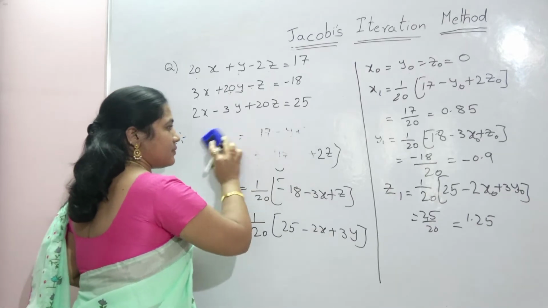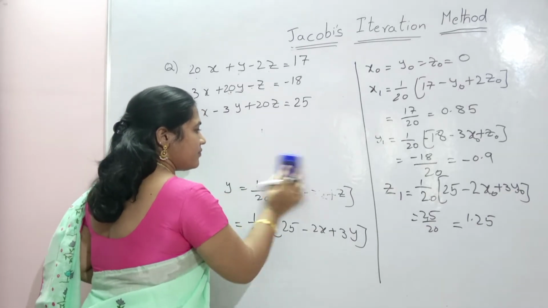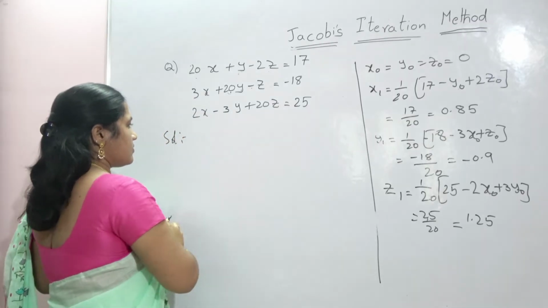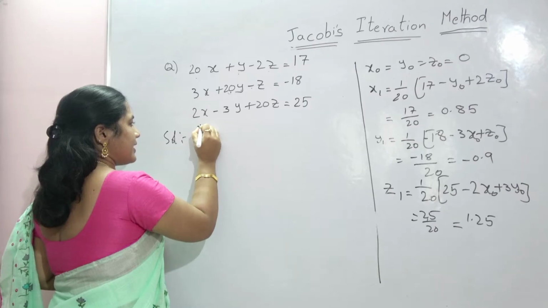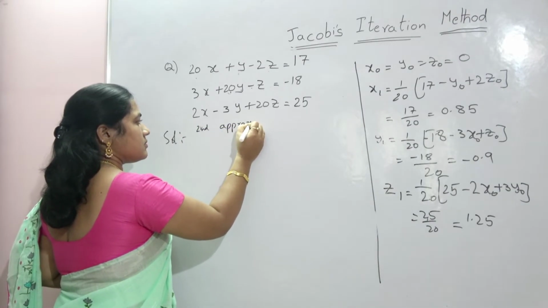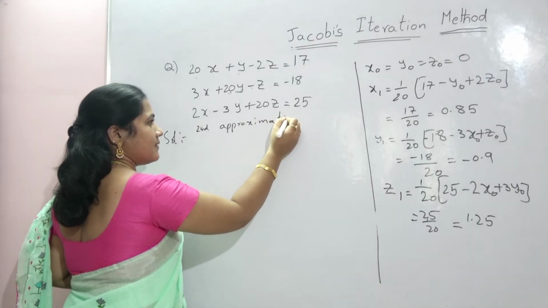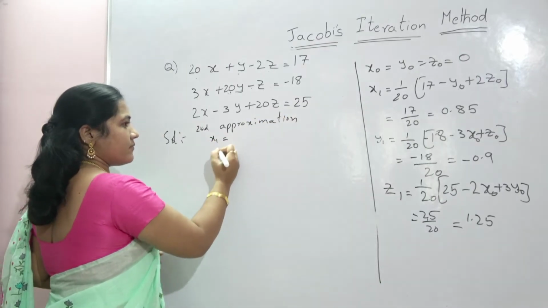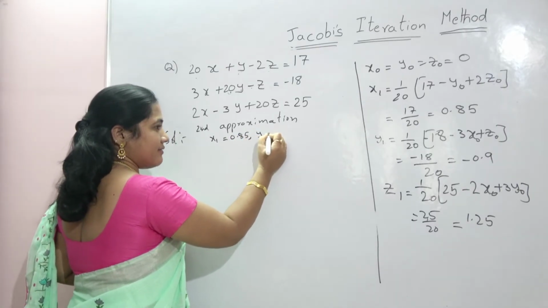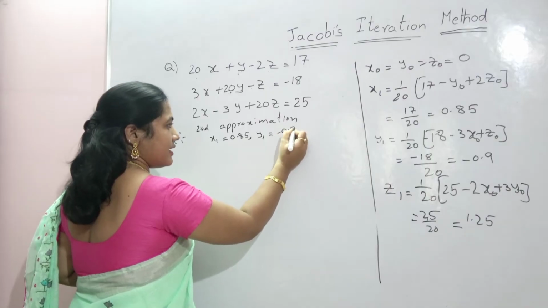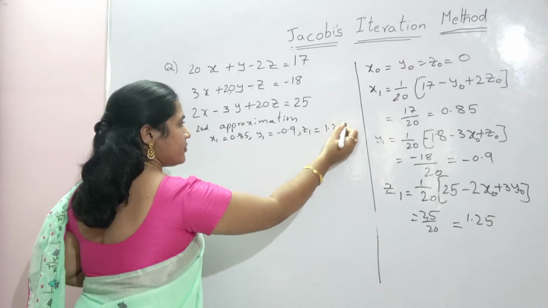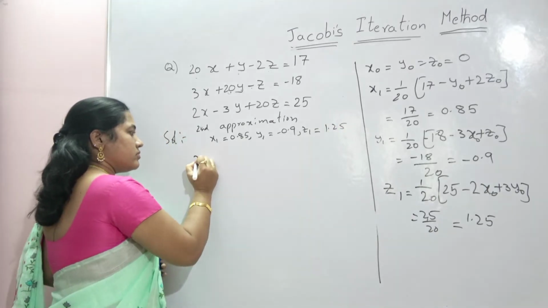So for the second approximation, or second iteration. So x1 is 0.85 and y1 is minus 0.9 and z1 is 1.25.